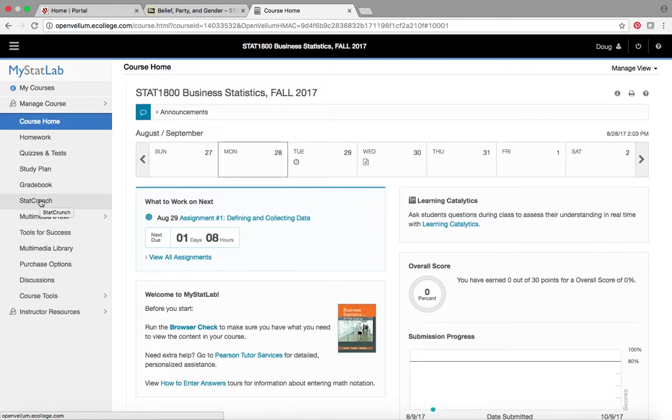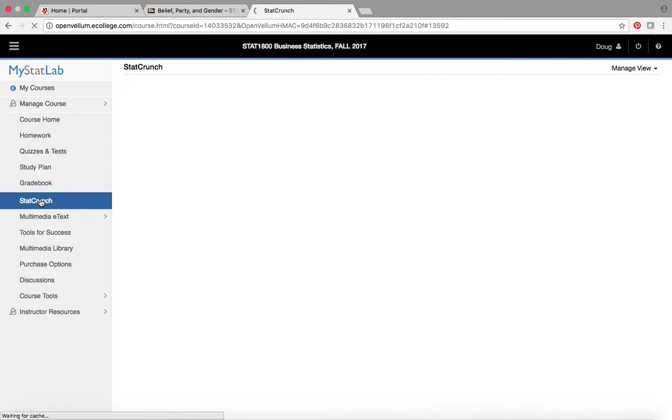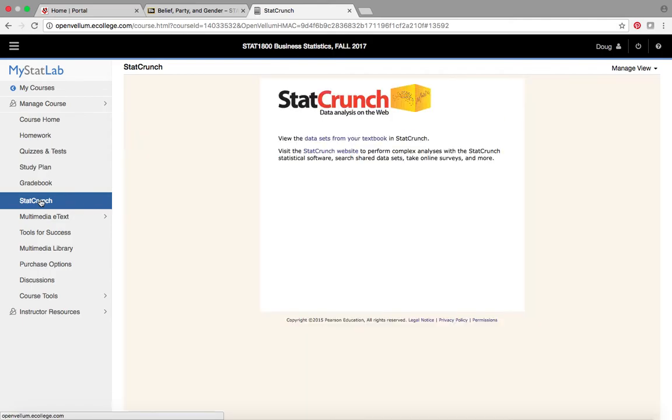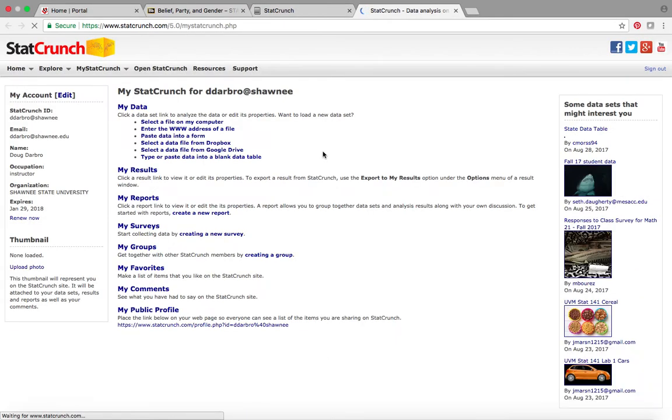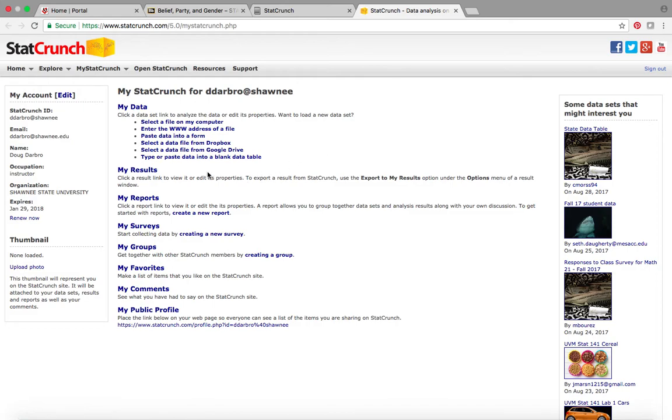Again, this is our statistical software package. And I am going to go to the StatCrunch website. Now, typically we're going to use one of two things. I can either type or paste the data, but in this situation, I want to use the top link, which is select a file on my computer, namely select a file on my desktop.